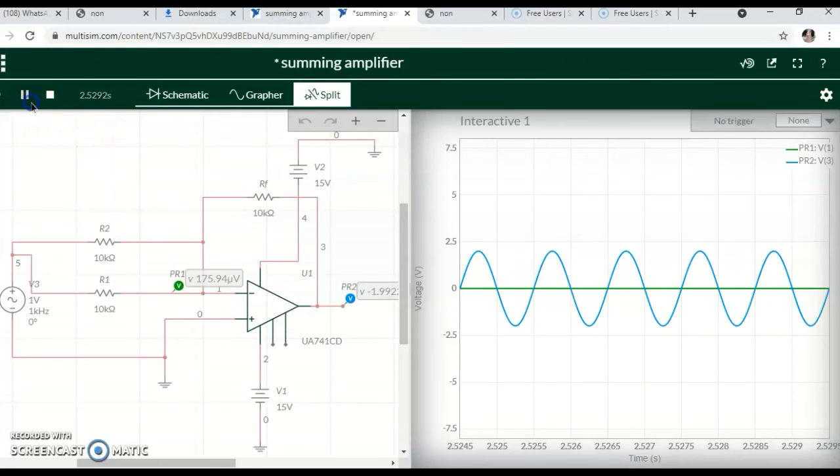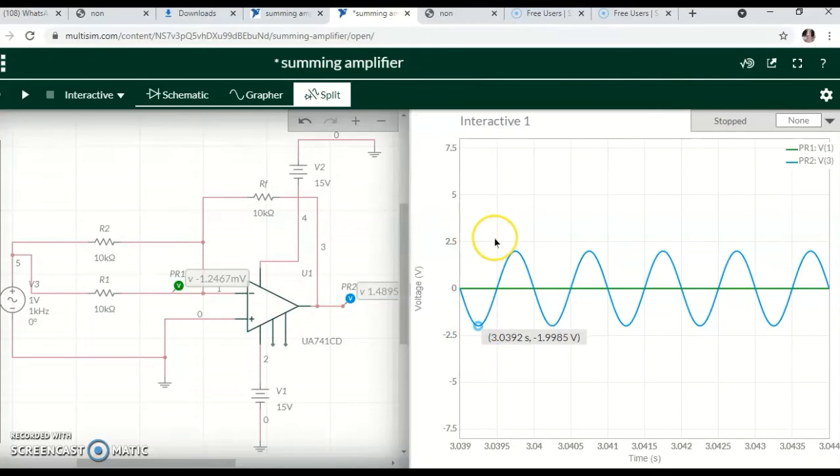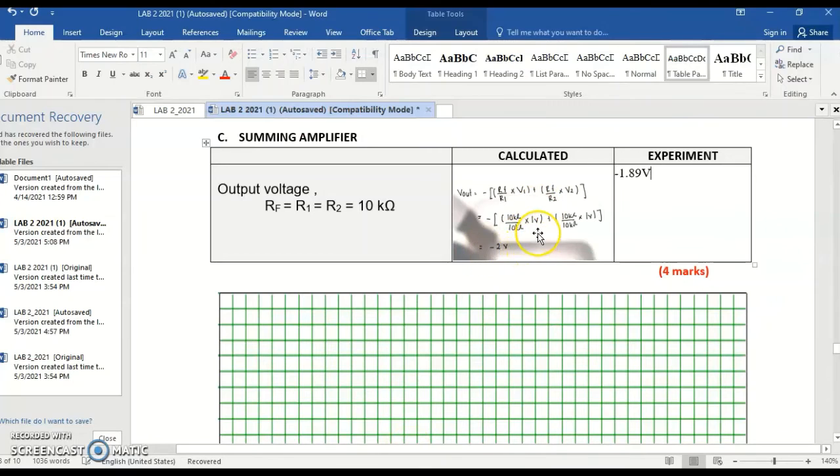So when we run, we get Vout of 1.9985 volt. When I calculate the value, I get negative 2 volt.